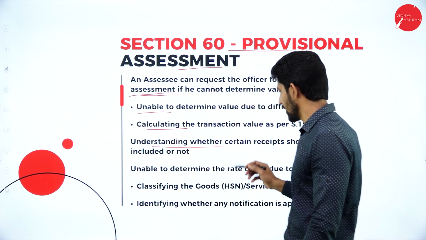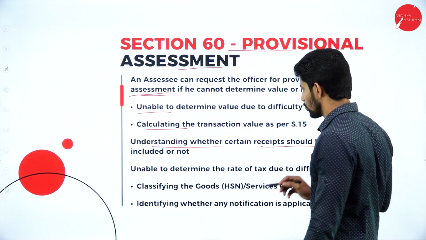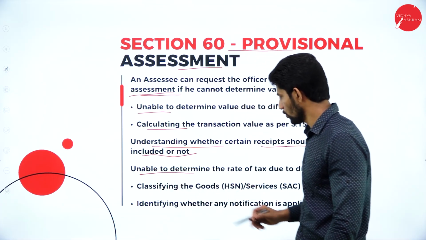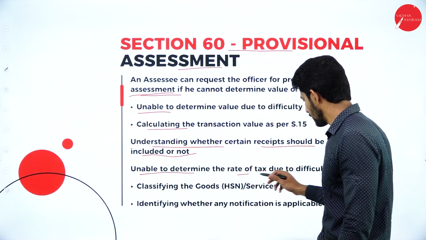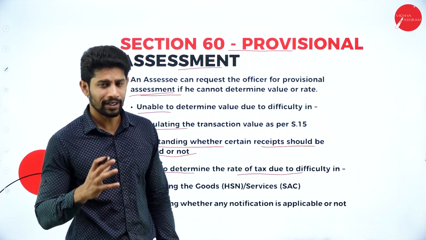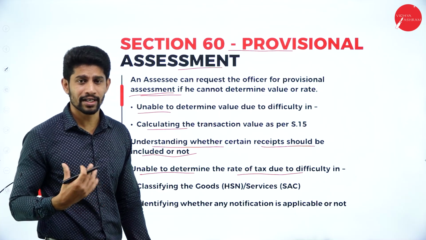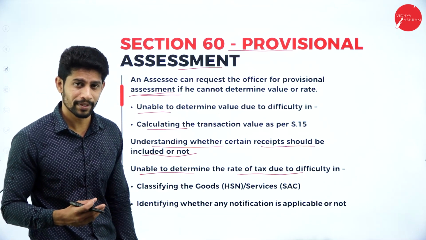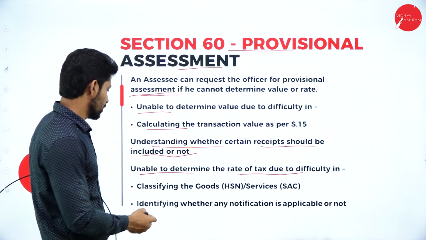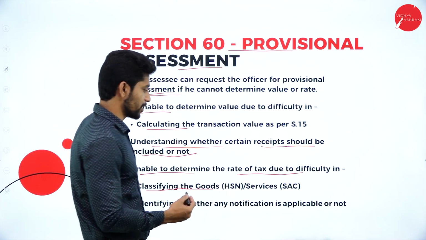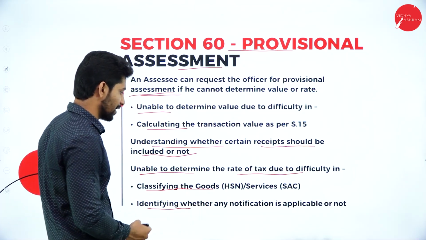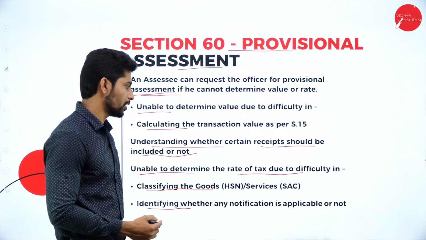Next, understanding whether certain receipt should be included or not. That is, being unable to determine the rate of tax due to difficulties. So here, if he is not able to understand what rate of GST is applicable, whether it's 5%, 12%, 18% or 28%, then classify the goods based on the HSN number or services and identify whether any notification is applicable or not.